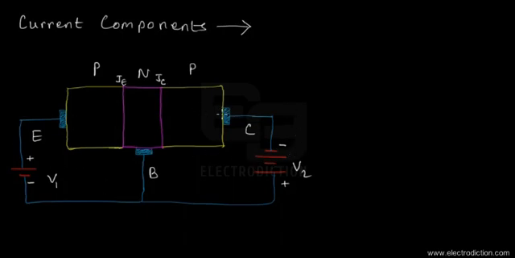Okay, so now in order to go forward and study its current components, we have to understand that with forward biasing this emitter junction, since this is a PNP type of BJT, it's quite obvious that by forward biasing the emitter and the base junction right here, we're going to trigger some sort of current flow between the emitter and the base sections of a BJT.